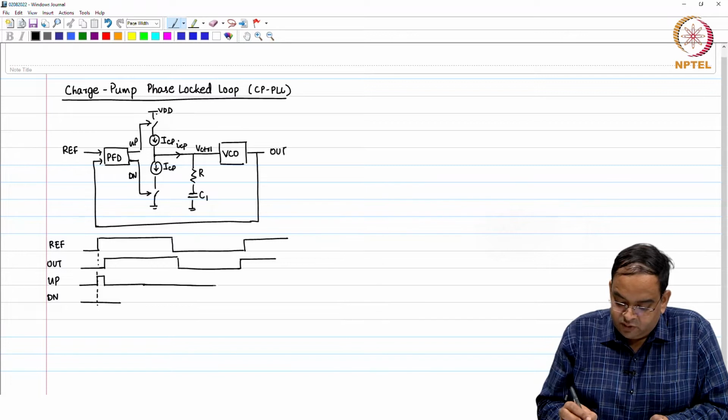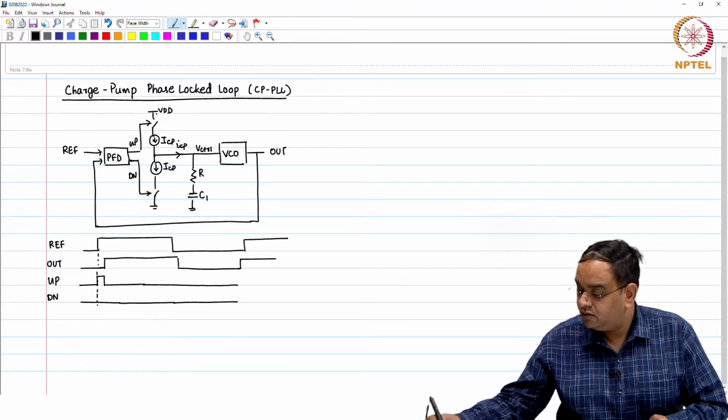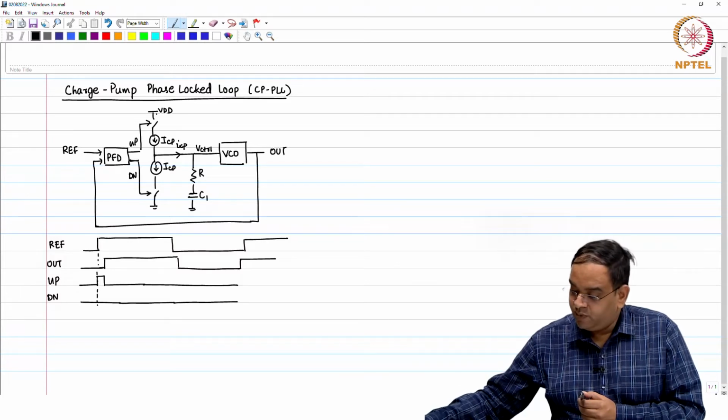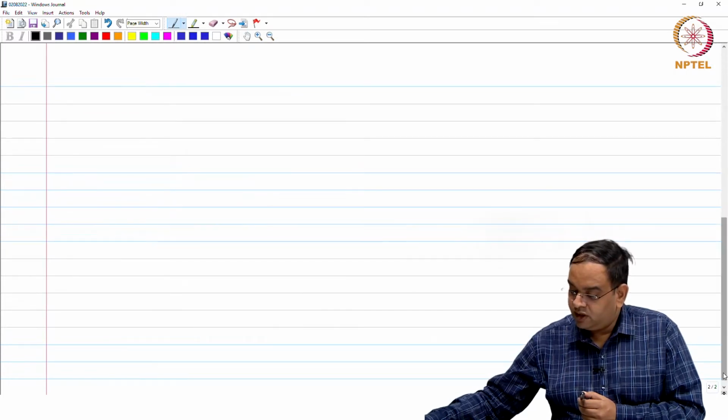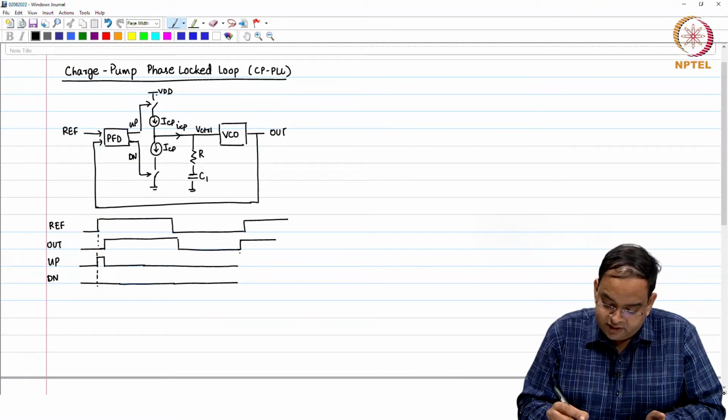The down pulse goes high when you get a rising edge on the out pulse before the up pulse. So, here I am just giving you one example where your out pulse goes high before.